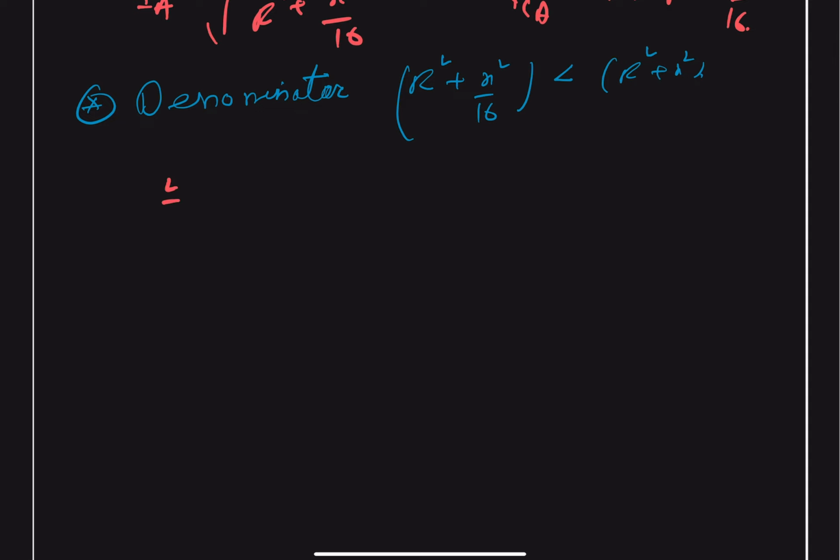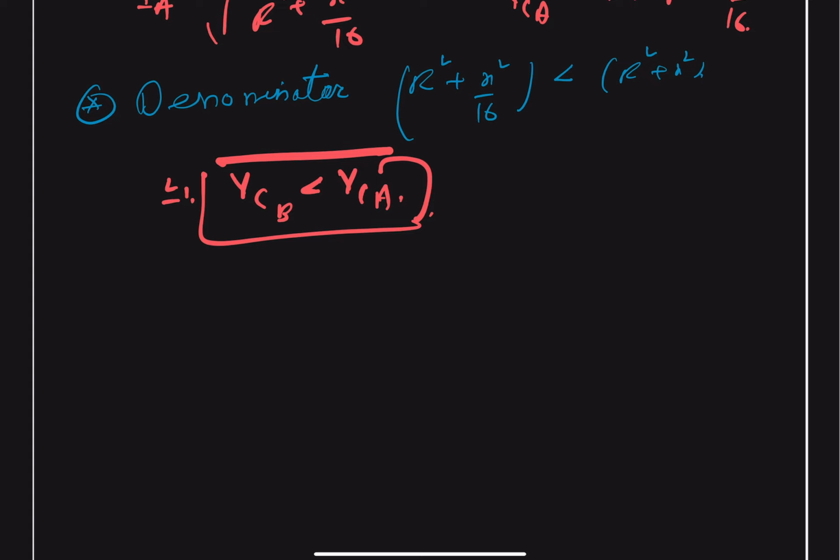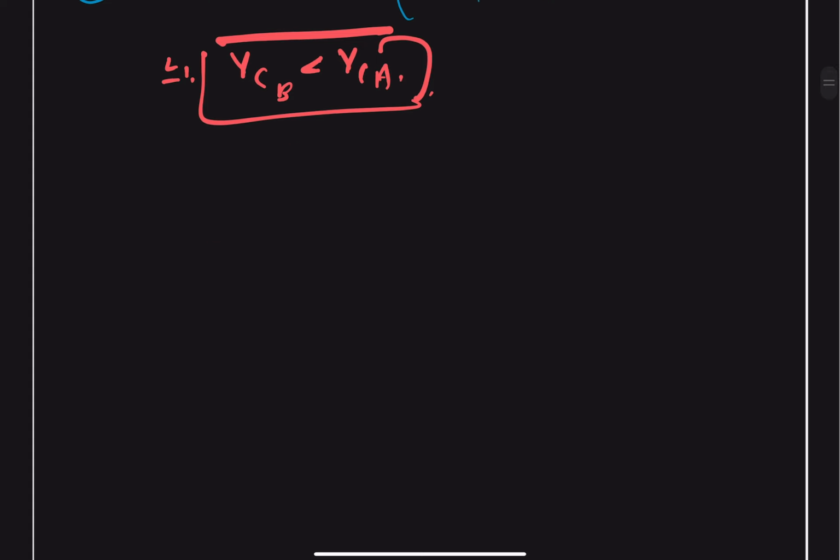This gives us that VCB is less than our VCA. So the final answer with respect to current is IRB is greater than IRA, and we have VCB is less than VCA.